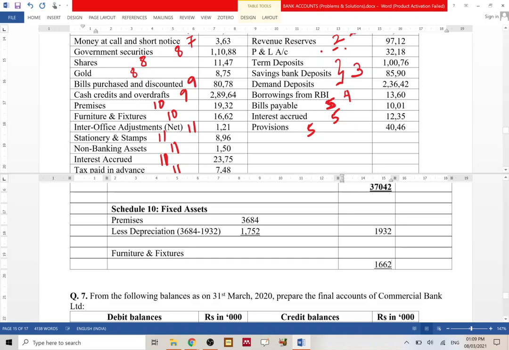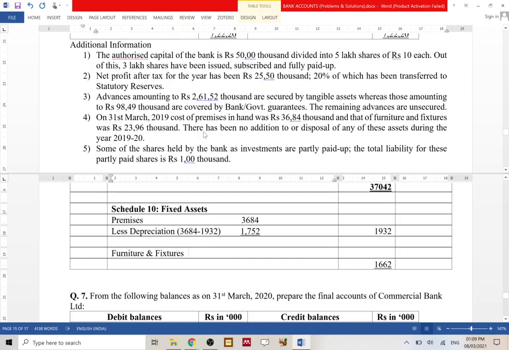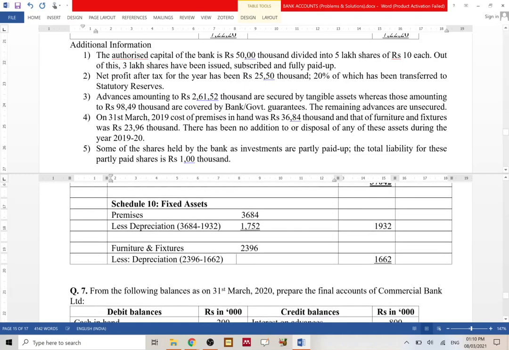I'll write it out first only. Okay, and the opening balance of the furniture and fixtures was 2396. Which means depreciation was the difference between the two, that is opening balance 2396 minus the closing balance 1662. Whatever the difference would be the depreciation. And how much was the difference? This would give us 734.